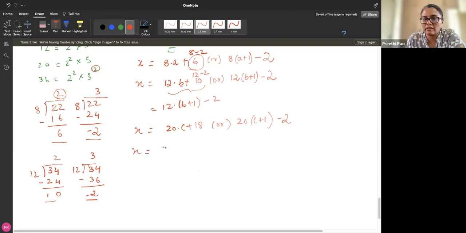And I can write 36 into some d plus remainder 34, or 36 into some d plus 1 minus 2. Is everybody okay with this?